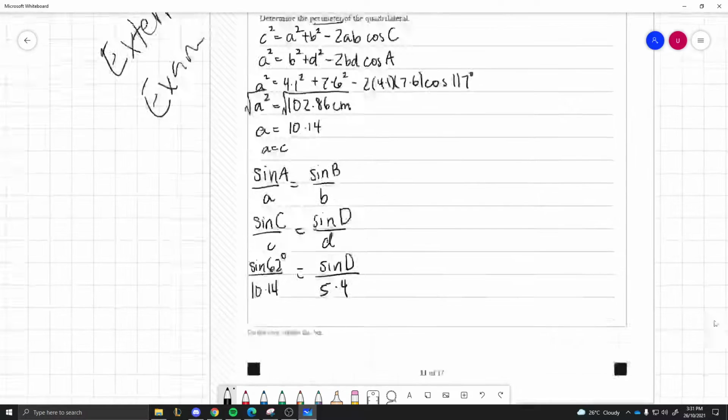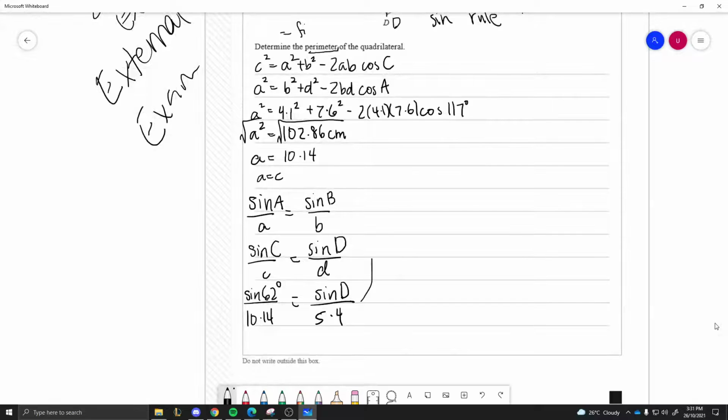Let's move this up here. So sine D, if we rearrange the equation, is going to be equal to 5.4 sine 62 degrees divided by 10.14.